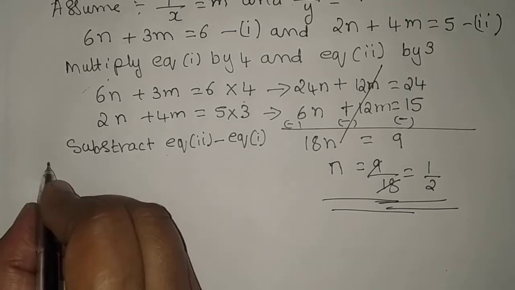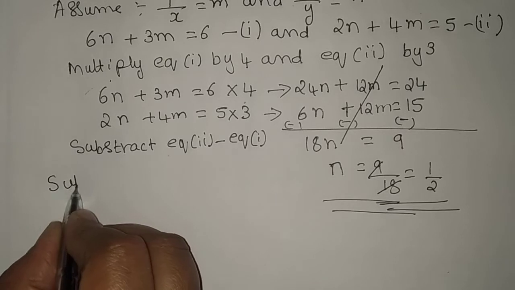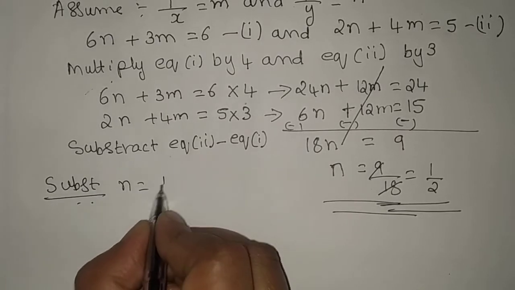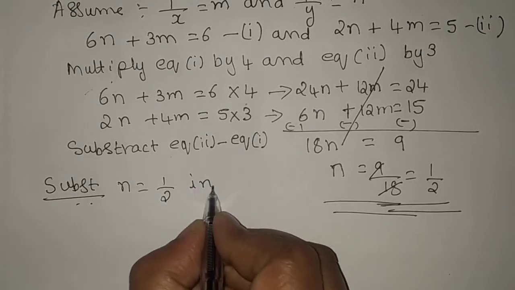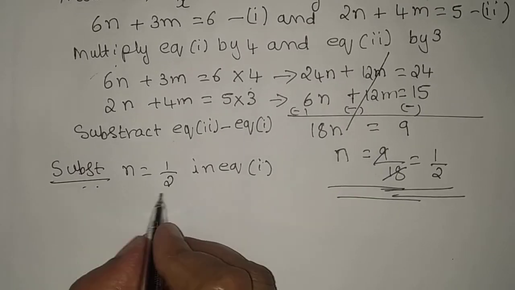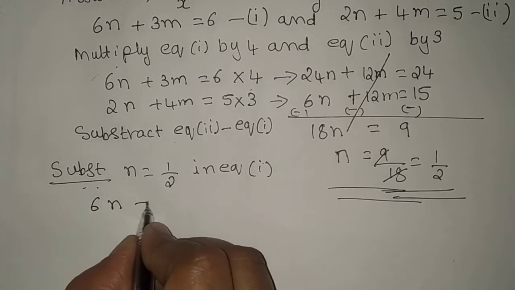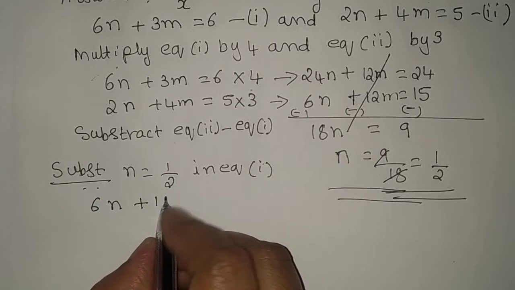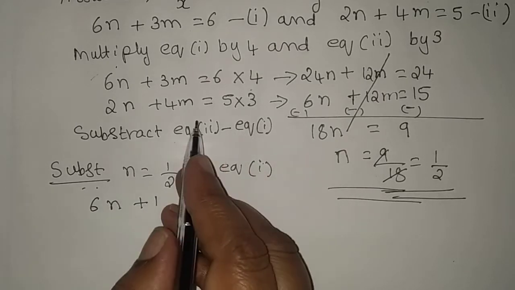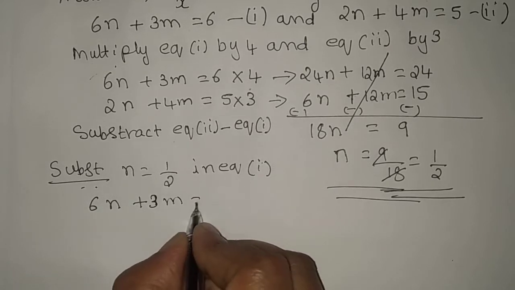So after this we'll continue, that is substitute n is equal to 1 by 2 in equation 1. Therefore what is equation 1 here? That is 6n plus 3m is equal to 6.